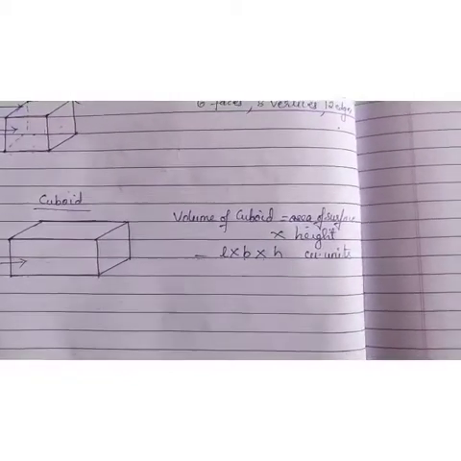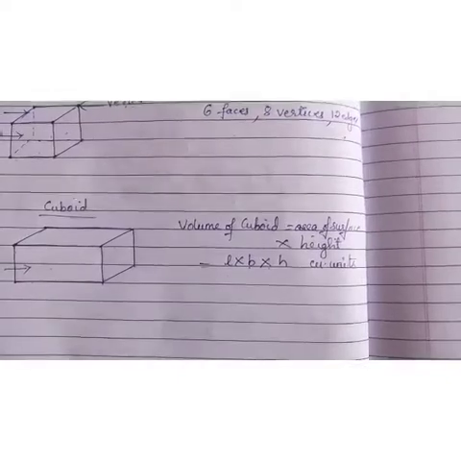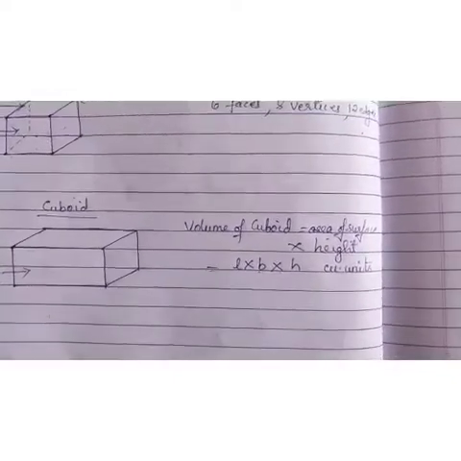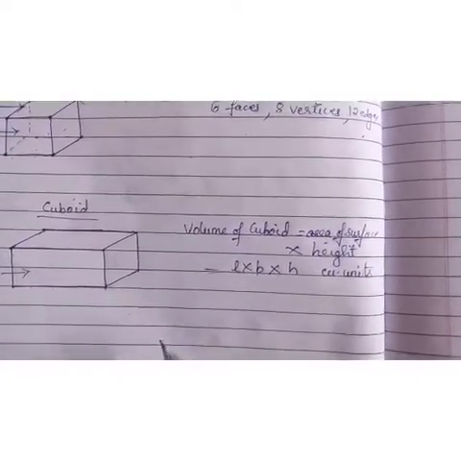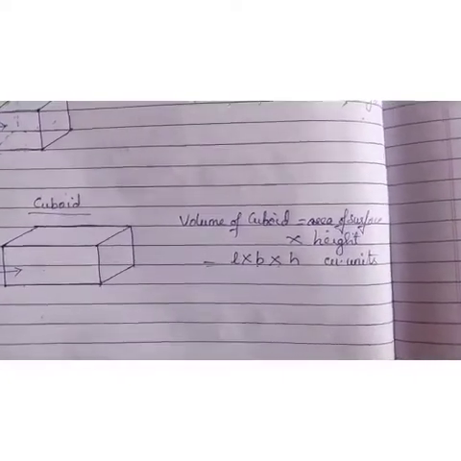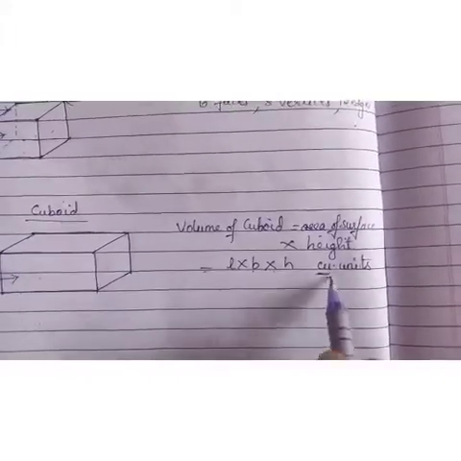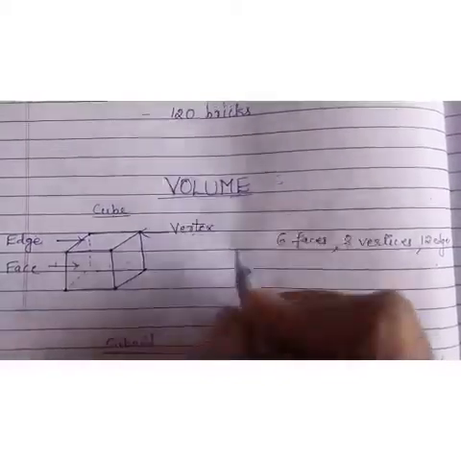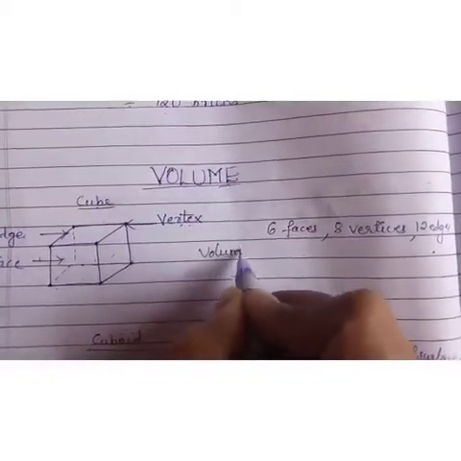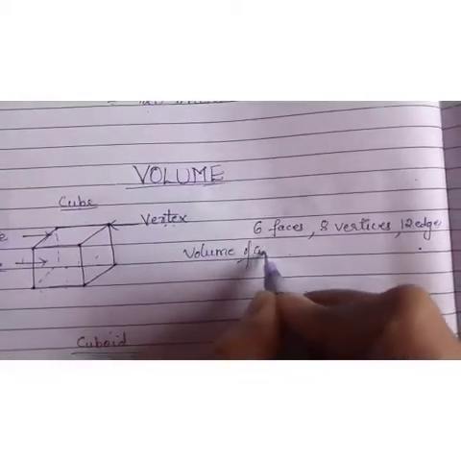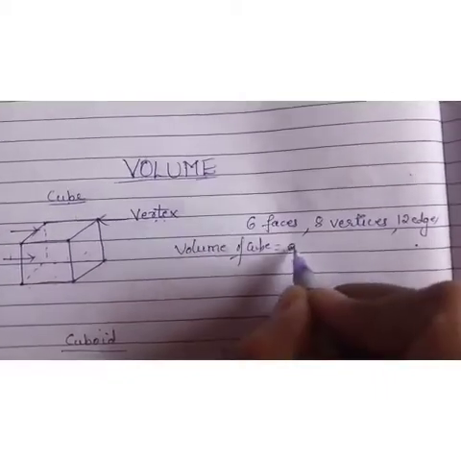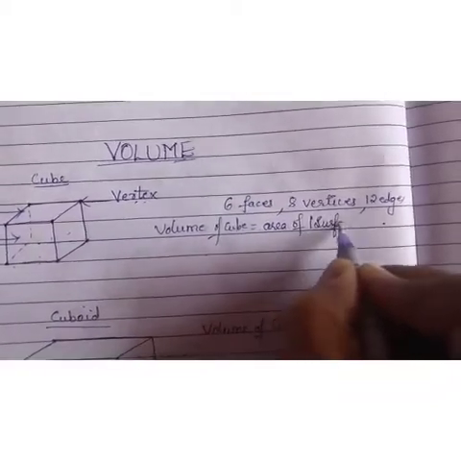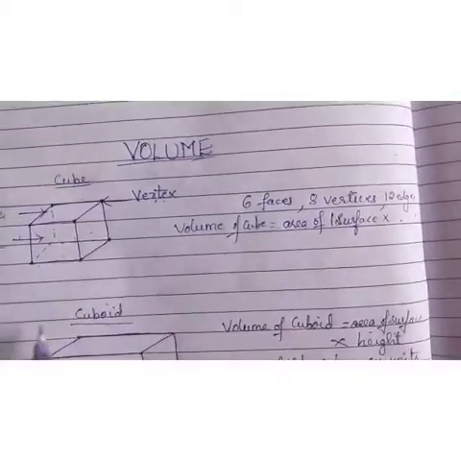In the last video session or in the last exercise, we found the area of a square and rectangle. There the unit was square meter, square centimeters, in square units, but here we use cubic units. Similarly, if we consider the volume of a cube, again we take it as area of one surface into height.